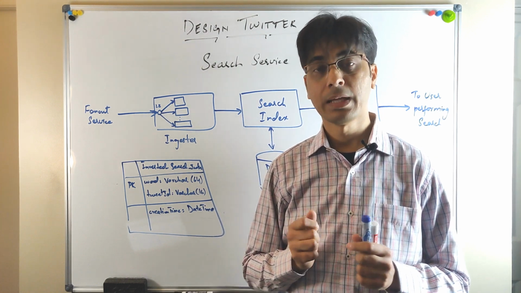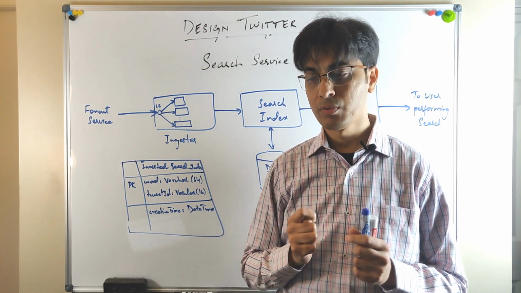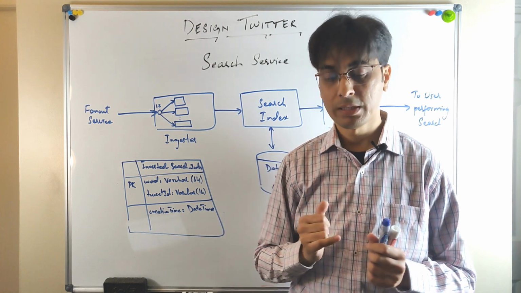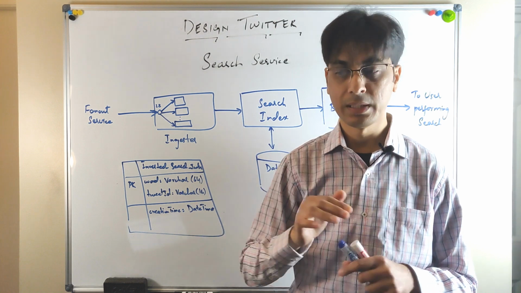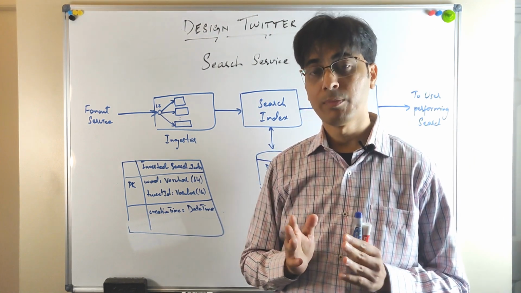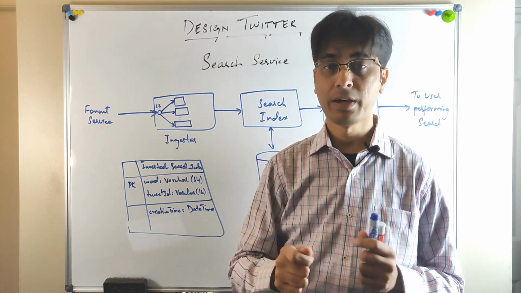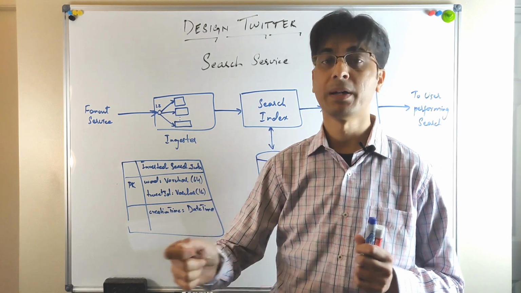In this case, the write operation goes to a single partition, and all the mapping between the words and the tweet ID will be stored there. With this sharding approach, the write operation is very fast because we are just going to a single partition.